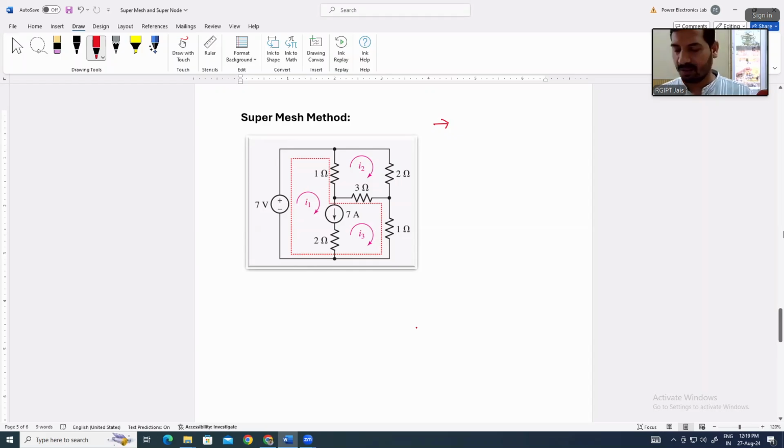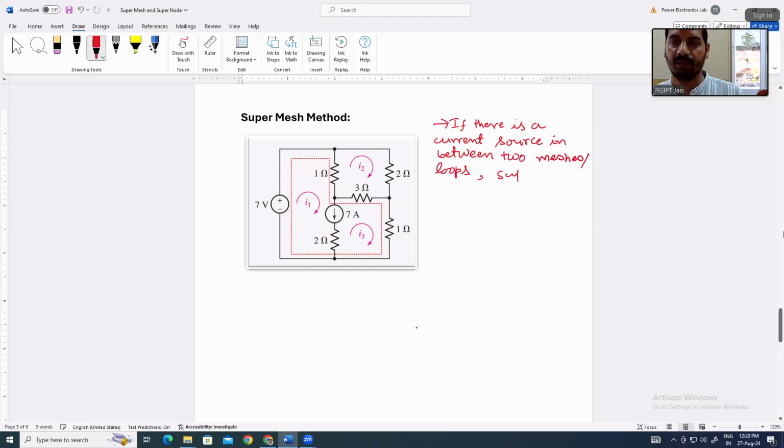Understand? So, if there is a current source in between two meshes or loops, the super mesh method can be applied for simplicity.